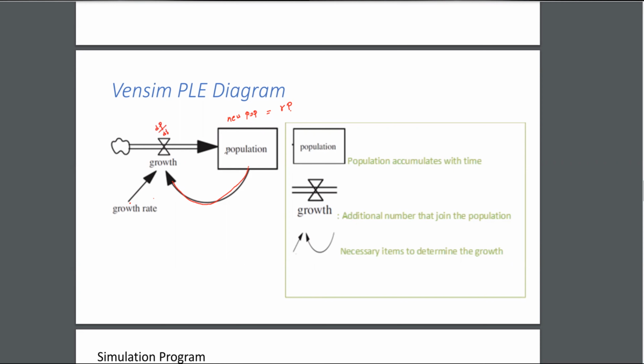Actually, this is not new population, this is dp by dt, given by the initial population multiplied by the rate, which gives you this value. And by using this value, you can fill in the new population. So each time this one changes, and whenever it changes, these values will change.